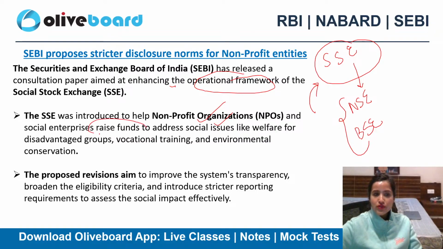So when was it introduced and why was it introduced? It was introduced to help NPOs, the organizations which are non-profit. Their motive is not to earn profit. So it was introduced to help these NPOs and social enterprises to raise funds to address social issues like welfare for disadvantaged groups, vocational training, environmental conservation.